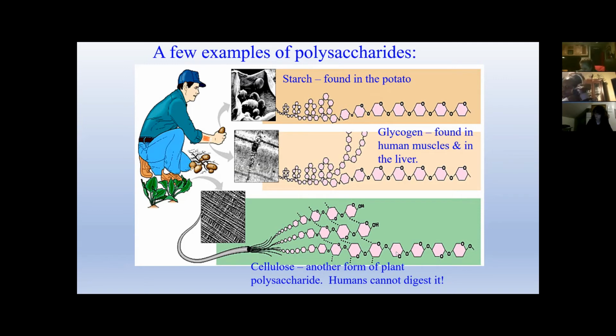And then we have cellulose. And like I said, you can see that you have these multi-chains that are all linked together. And this whole thing is a very complex structure, and it does take a very special process for this to break down.